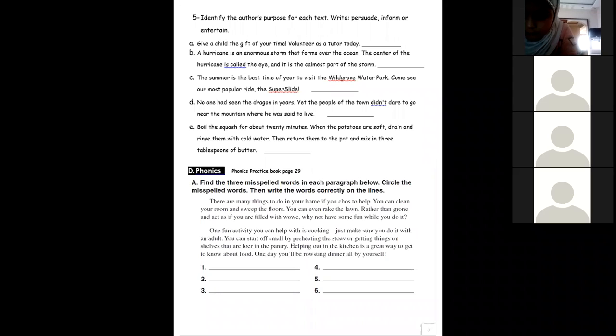The author is trying to tell you to help other children. So here, he wants you to do something. When the writer wants you to do something, what is his purpose? Inform, persuade, or entertain? Persuade, excellent. Thank you, Rawad.